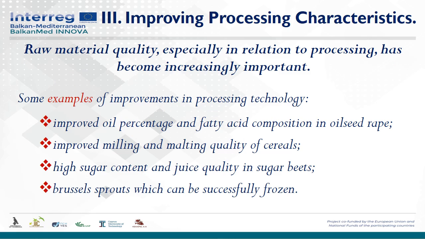Improving processing characteristics through two different methods: selective breeding and genetic engineering. Selective breeding and improving of raw materials for high yield and high quality has been carried out for centuries for both plant and animal products.